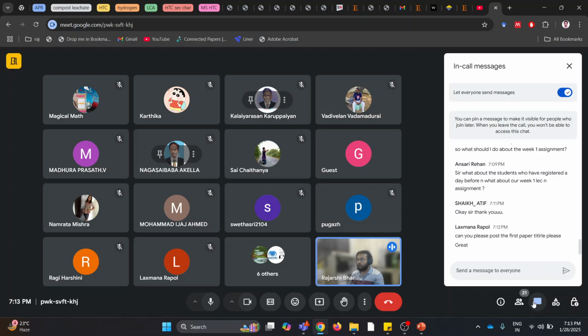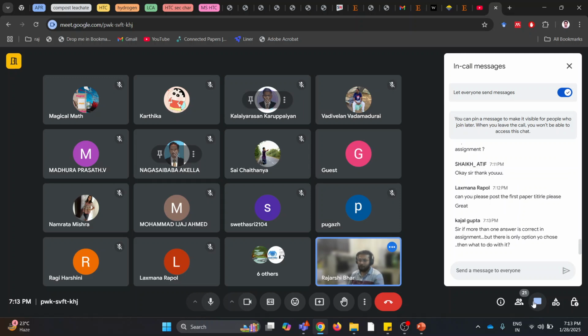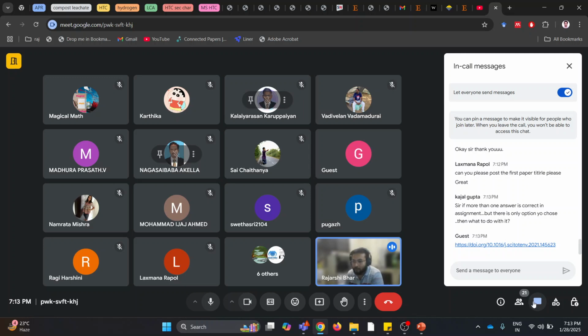I am copying and pasting. In these papers, there is a DOI, so I'm pasting that link. Please check whether you can access the entire paper or not. This is one example.